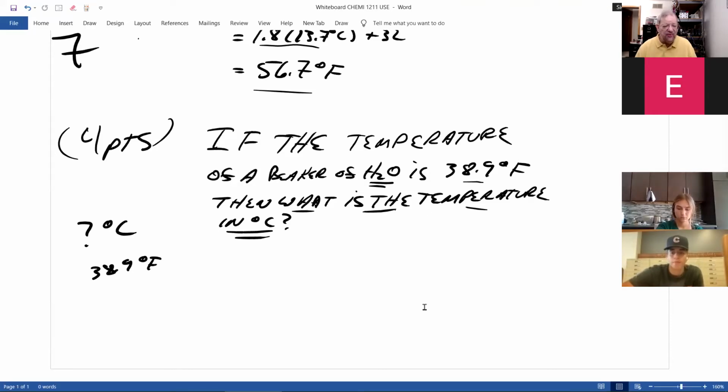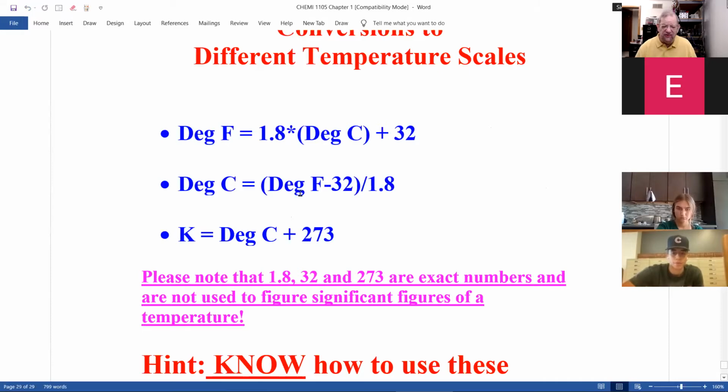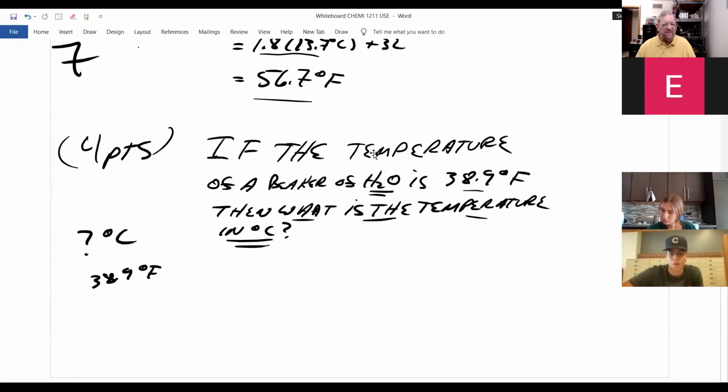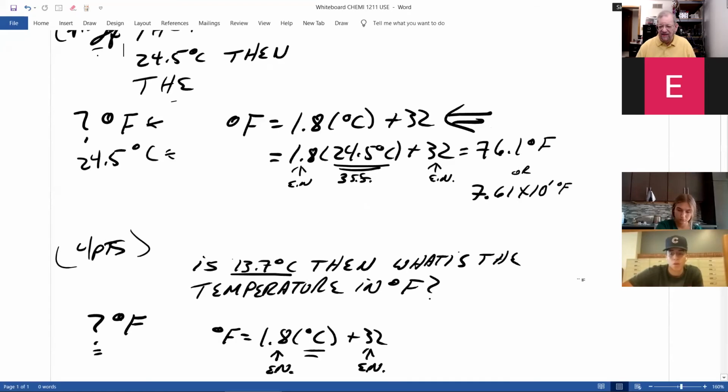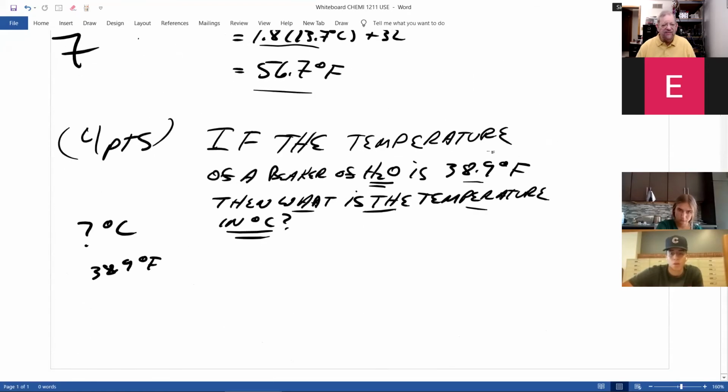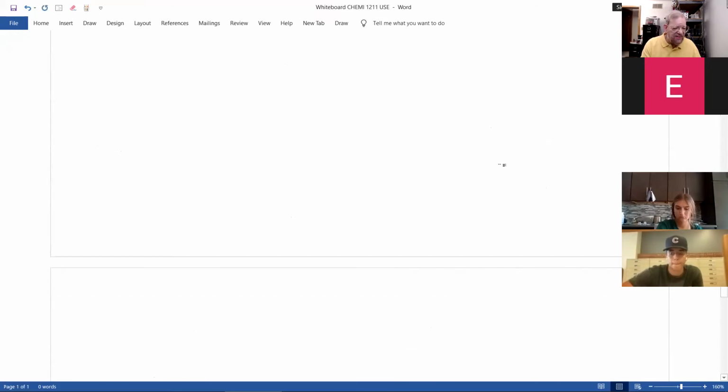And now, if you look at the following formula, which you will be given, but you have to know how to use, degrees C equals degrees F minus 32, divided by 1.8. Again, you don't have to memorize it, but you do have to know how to use it and when to use it. And this is when. Hold on 1 second.